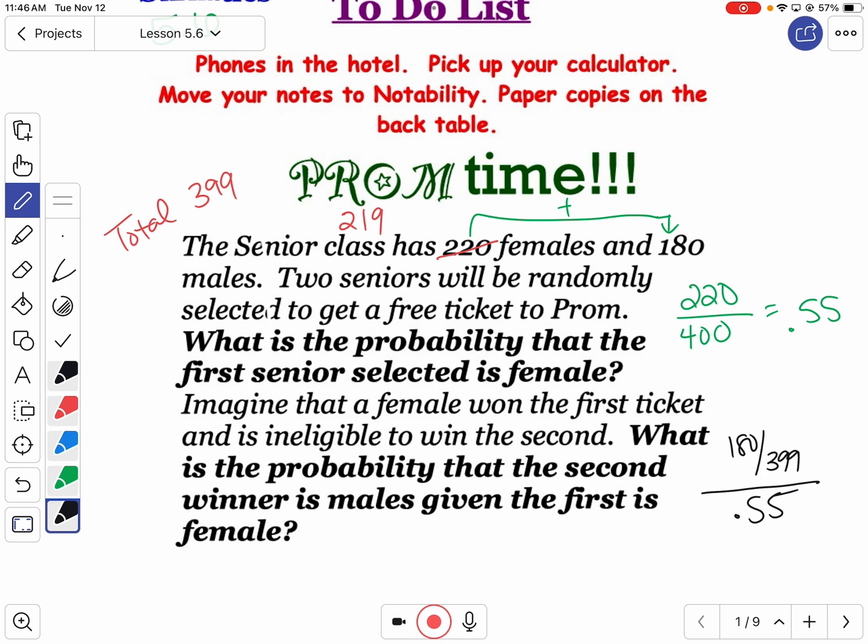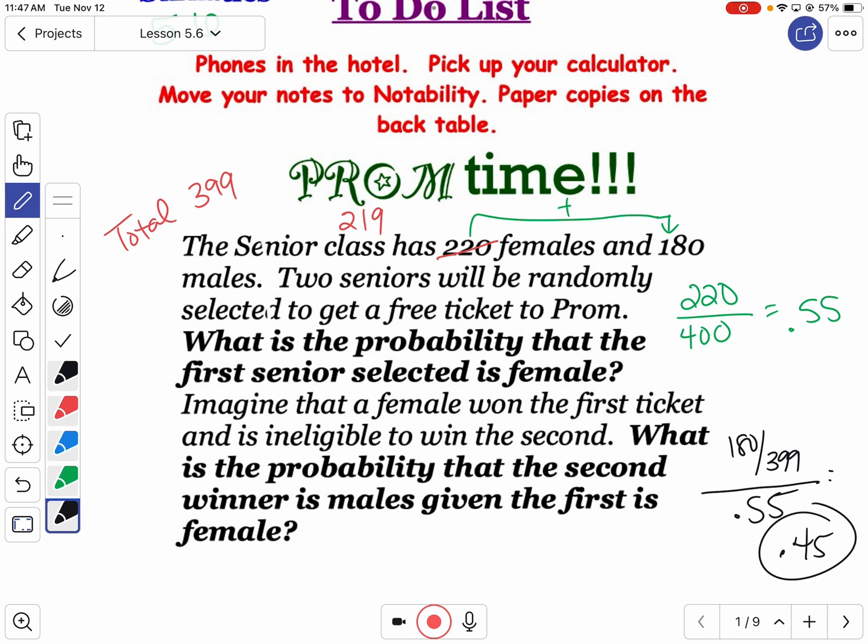So we get this weird number, but we divide those, and we end up with 0.45. So a little conditional probability, and also looking at what happens with dependent events. If I leave that ticket out, that reduces the number of people that I can choose from. It changes my total.